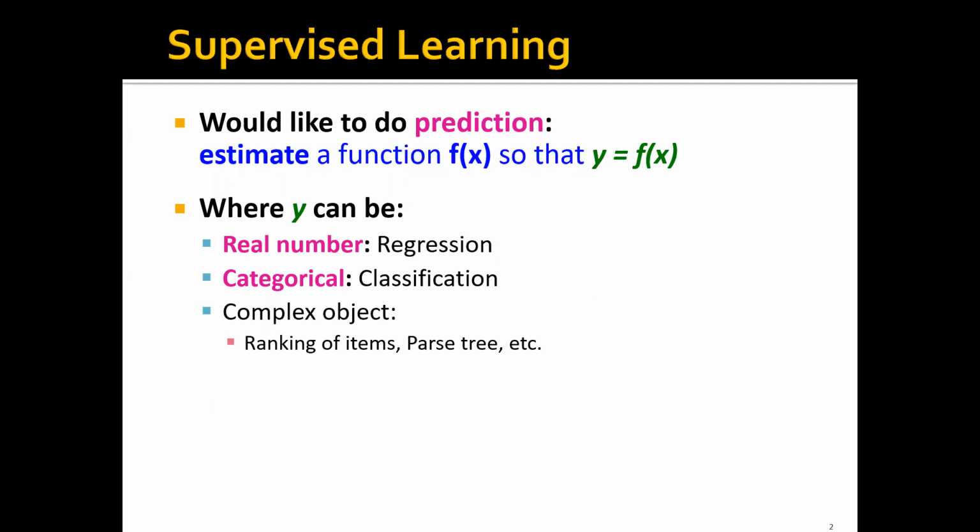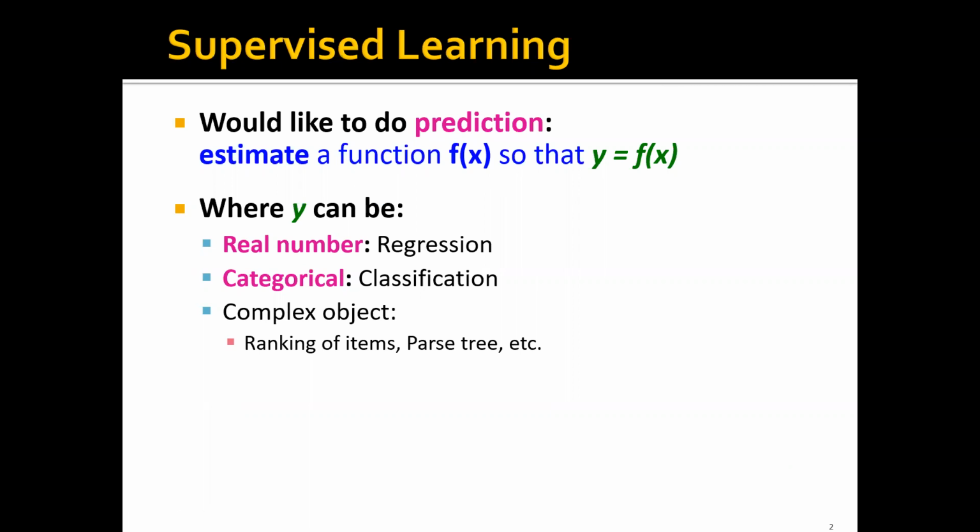Here, y can be some real number if we're doing a regression task. For example, given some data or history of a patient, we want to predict the life expectancy of that patient. And y can also be a categorical value if we are trying to do a classification task.